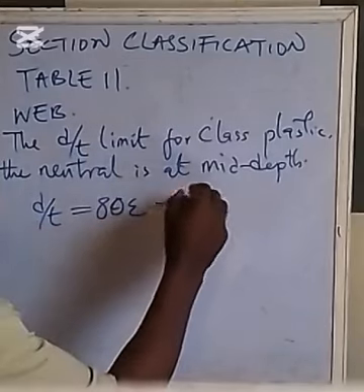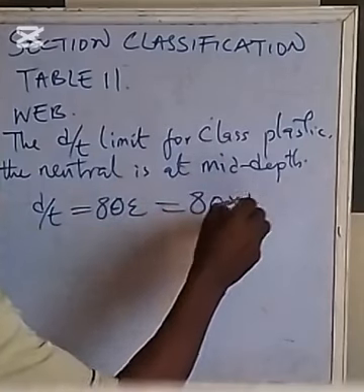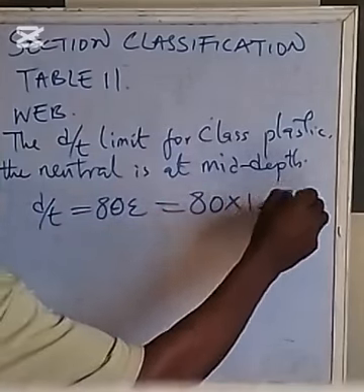So it's now going to be 80 multiplied by 1, which will be equal to 80.